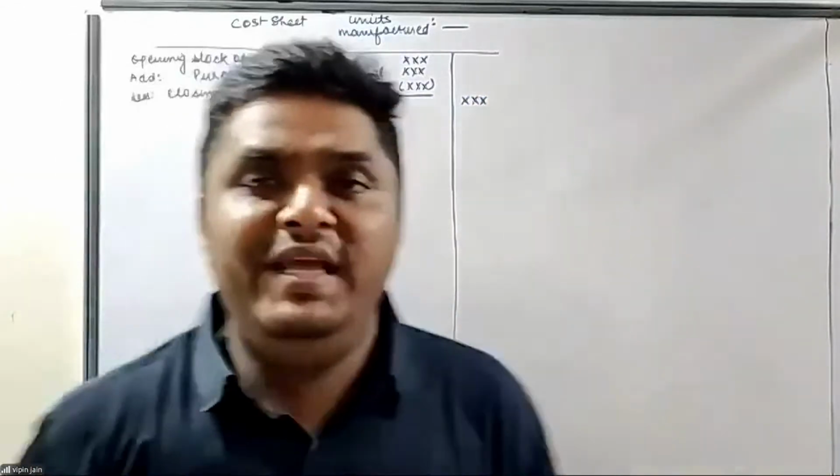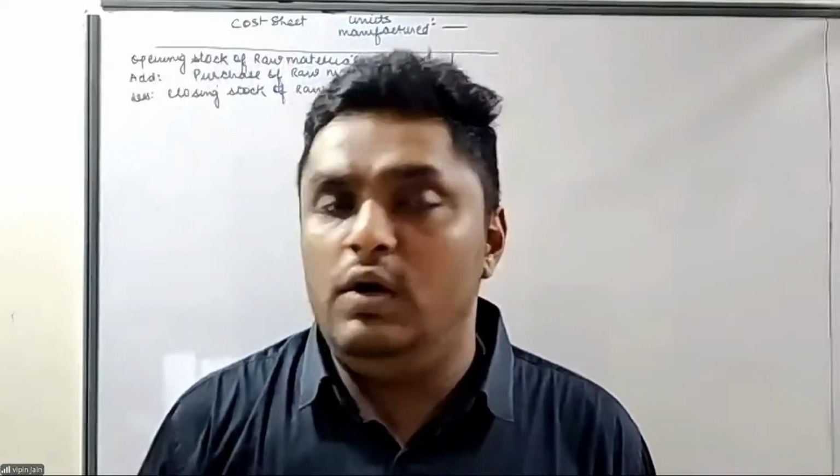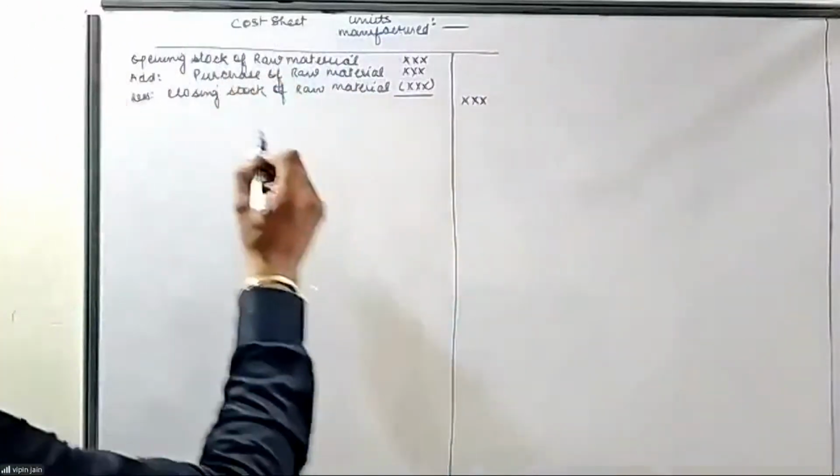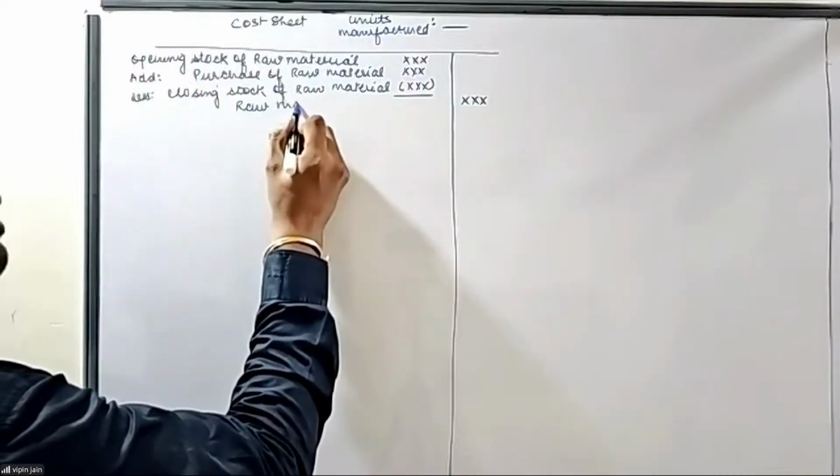So opening stock of raw material, add purchase of raw material, and subtracting closing stock of raw material, we will get raw material consumed.